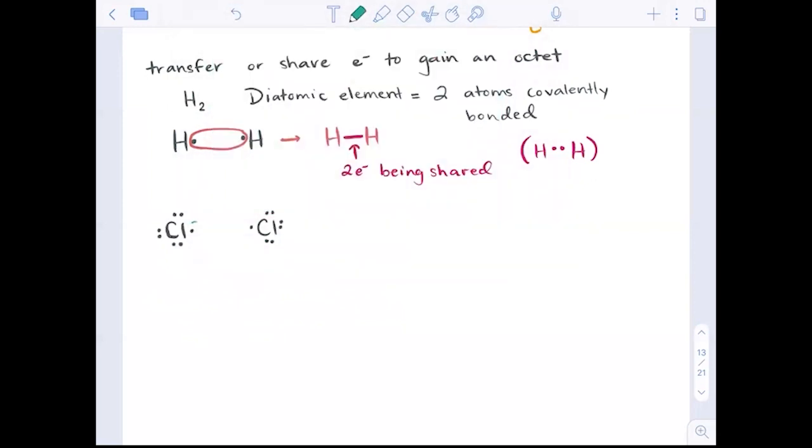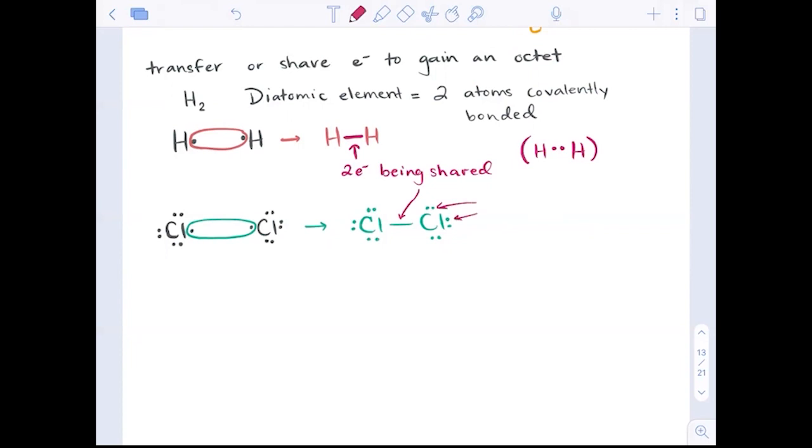Again, what we see is that these two can be shared so that we make a bond between the two chlorine atoms. Now, a couple of things that we'll talk about once we get into bigger structures of covalent atoms. This is, again, 2 electrons being shared.